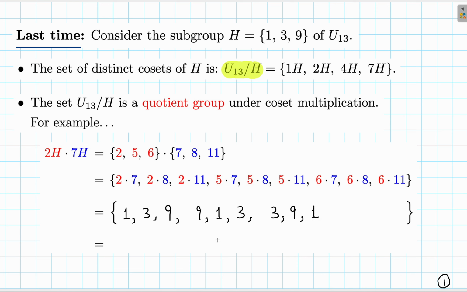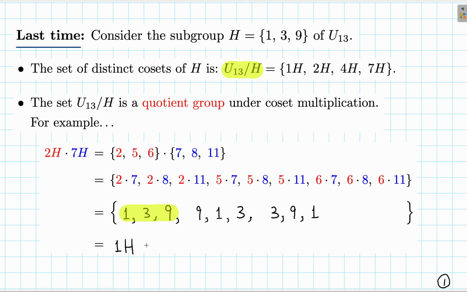And so, really, there are only three elements in this product, and 1, 3, 9, in fact, is our original subgroup. And so 2H times 7H would be H, or 1H, that we see right here in U13 mod H. So 2H times 7H happens to be equal to 1H.